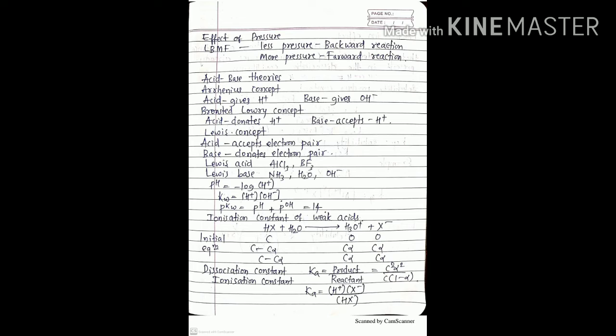At equilibrium, the concentration of HX is C minus C alpha, and the concentrations of H+ and X- are C alpha each. The dissociation constant K is product divided by reactant, so C squared alpha squared divided by C(1 minus alpha). So the ionization constant Ka is equal to [H+][X-] divided by [HX].